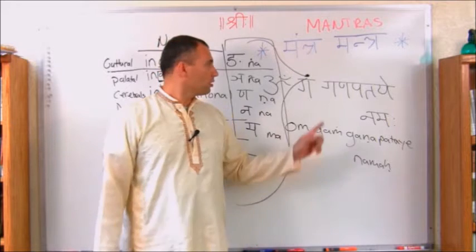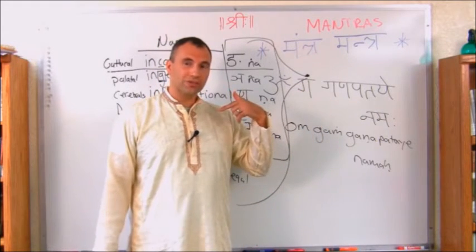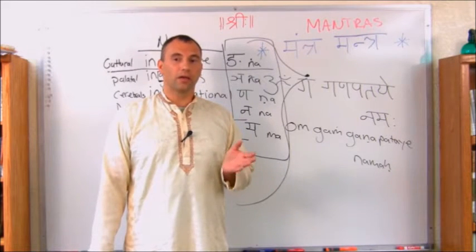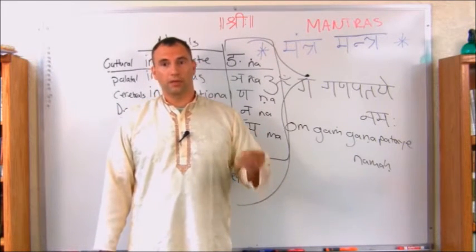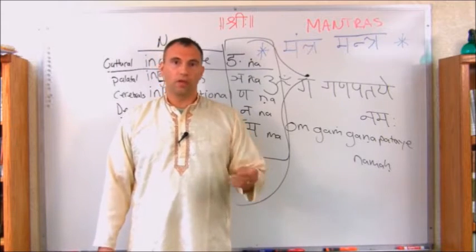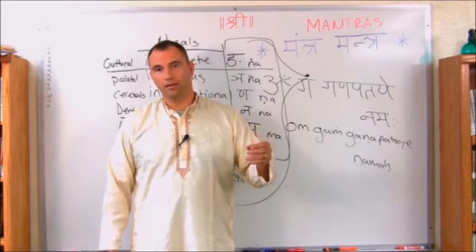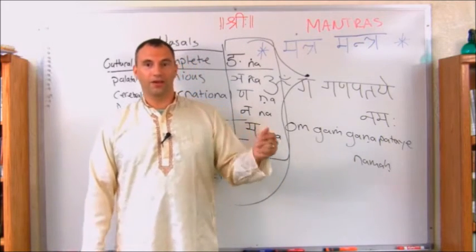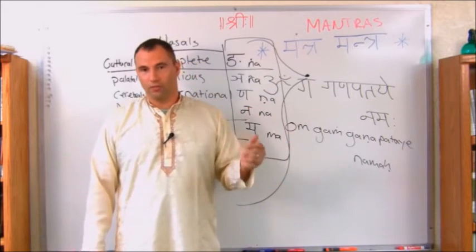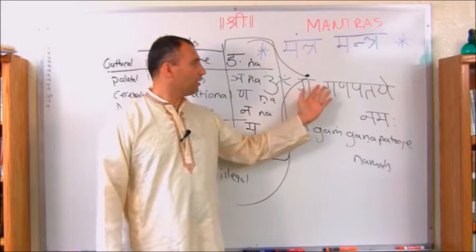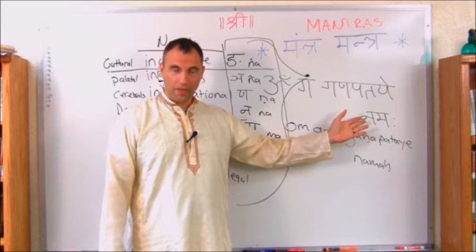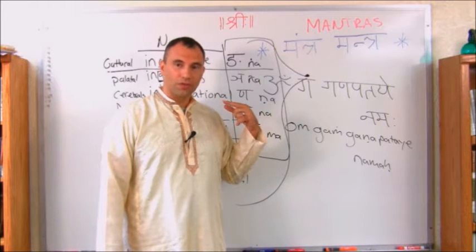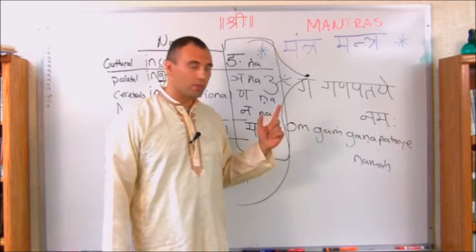But really, what your mouth wants to say is om gang ganapataye namaha, om gang ganapataye namaha, om gang ganapataye namaha. Okay? See, when you say it faster, you have to say it guttural. So you're saying om gang, right?